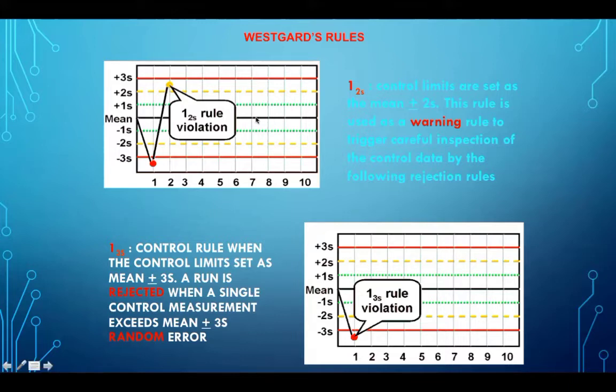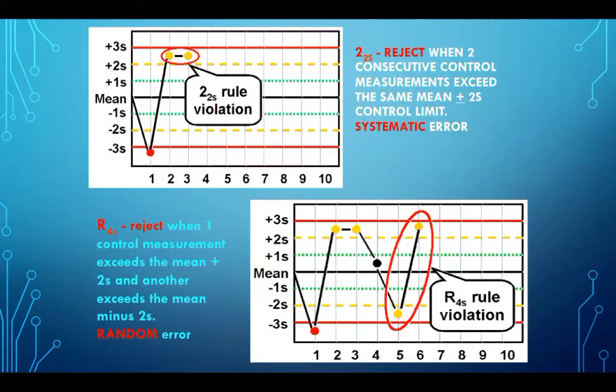Now suppose one value is beyond 2 standard deviation. 1-2S means one value beyond 2 standard deviation, but less than 3. They say, for once you can accept this, but carefully watch the next cycle.